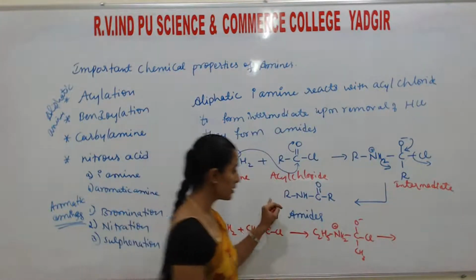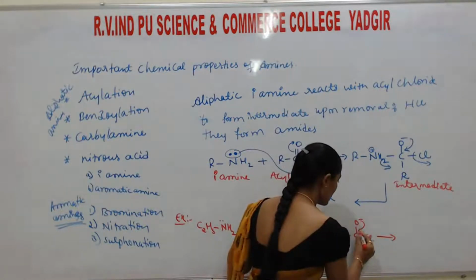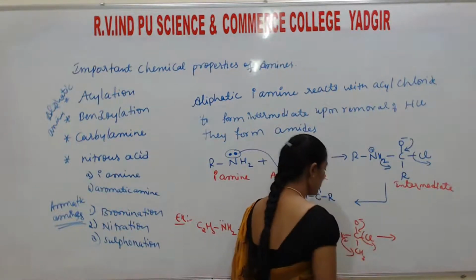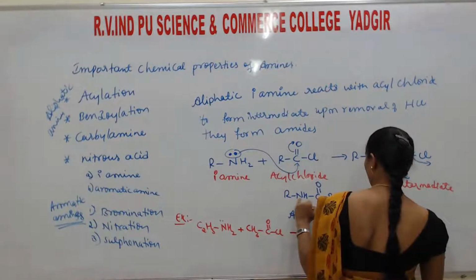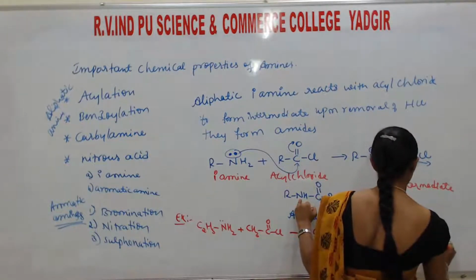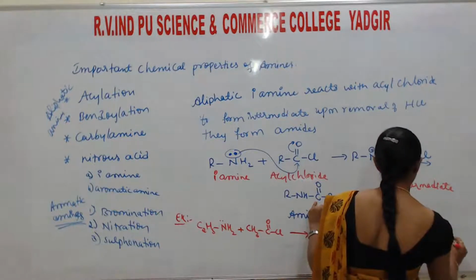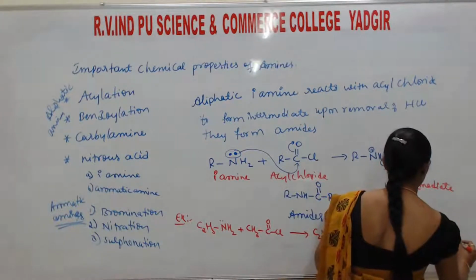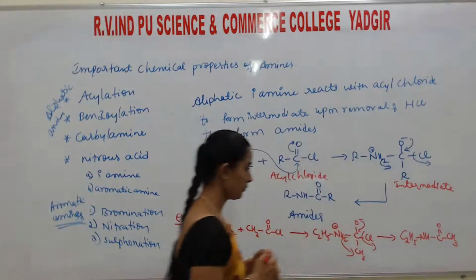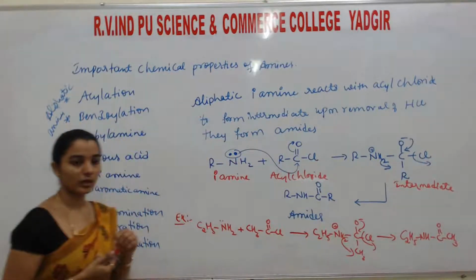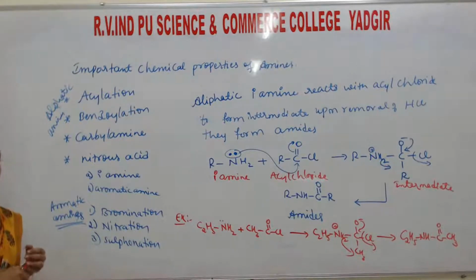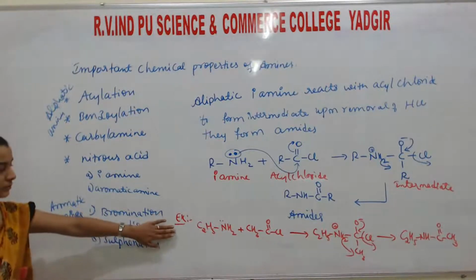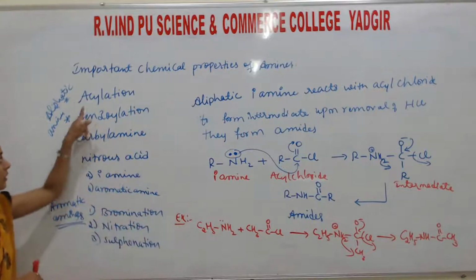Then finally, students, here this comes here, this goes up, then we will get the amide: C2H5 NH C double bond O CH3. Okay, so this is the reaction. This is the acylation reaction.